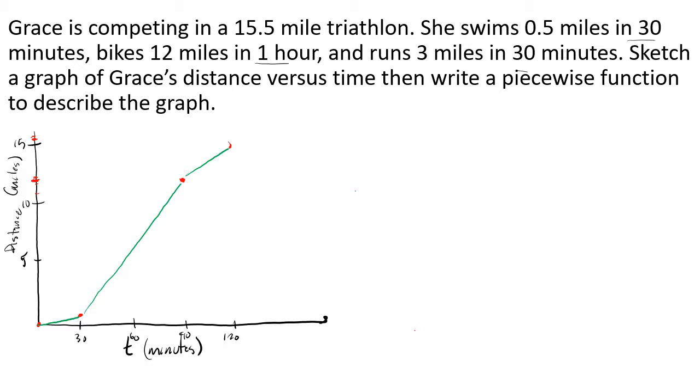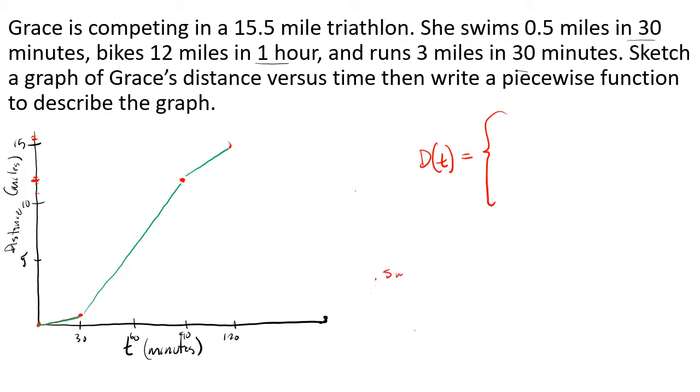Now, if we wanted to write a piecewise function to represent this, well, all we have to do is say, okay, Grace's distance as a function of time is equal to these different things. So first of all, she had this line, right? The slope of this line, if we do it in minutes and miles per minute, which is a weird unit, but that's what we're going to go with, is her rise over run, right?